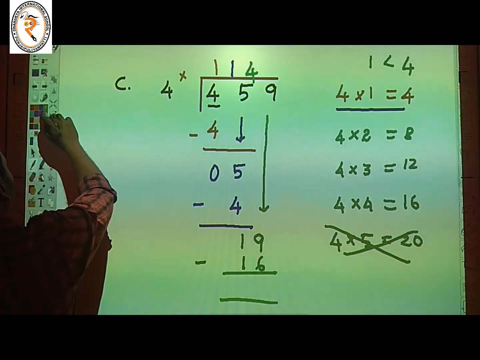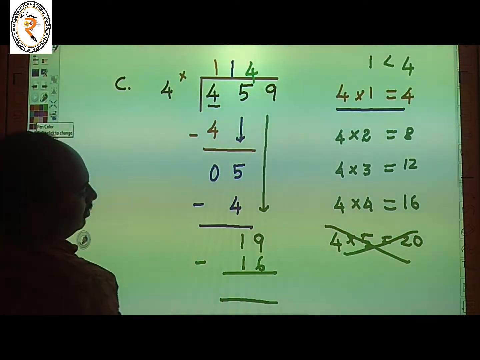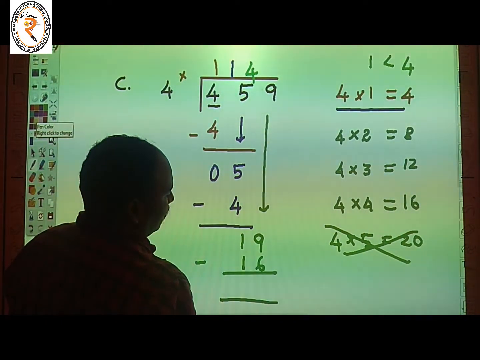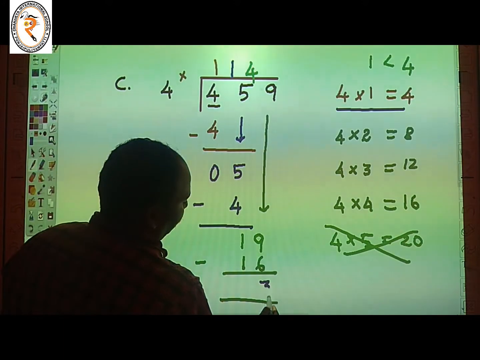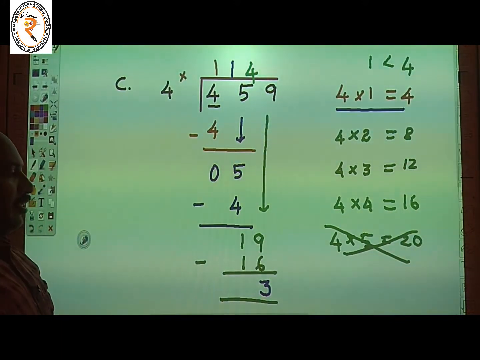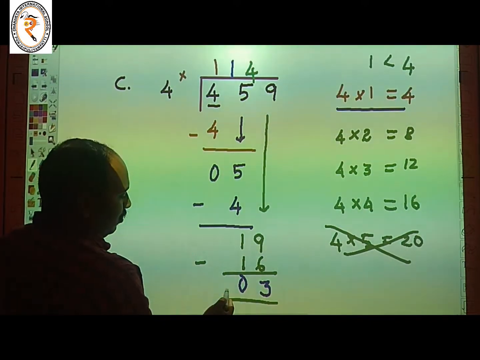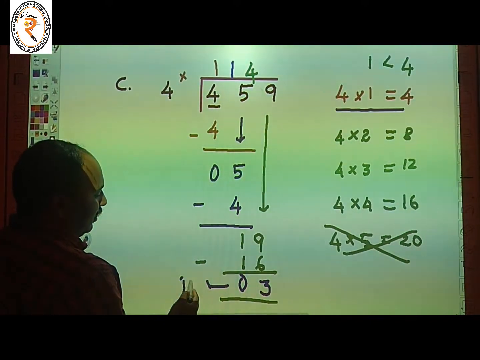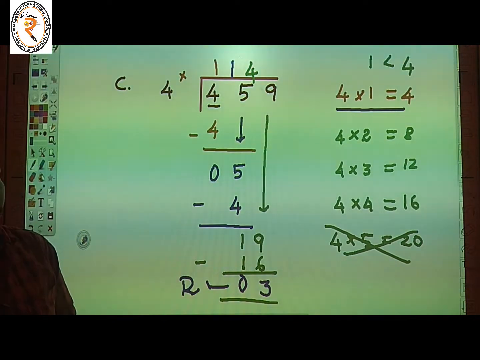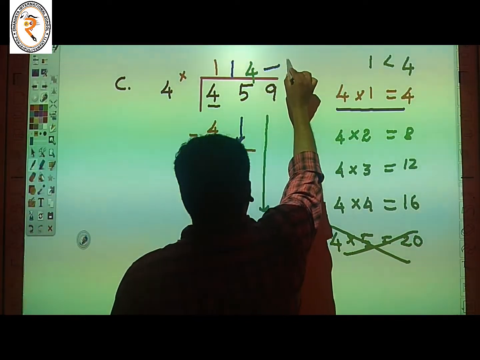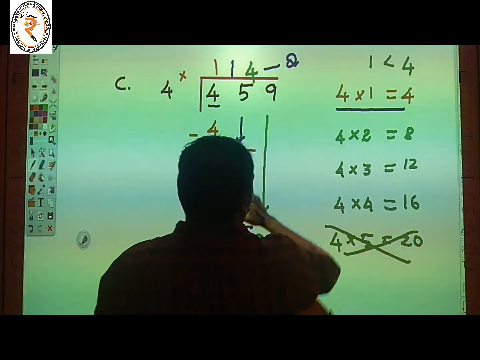19 minus 16. 9 minus 6 is equal to 3. 1 minus 1 is equal to 0. The number 3 is the remainder, and 114 is the quotient part.